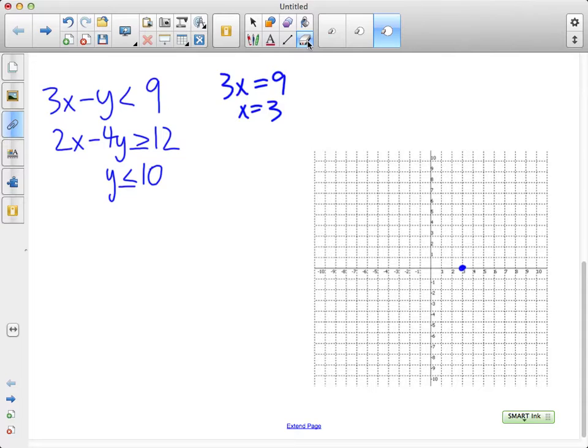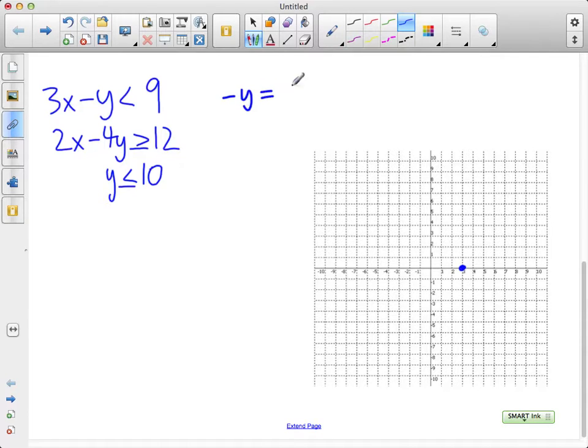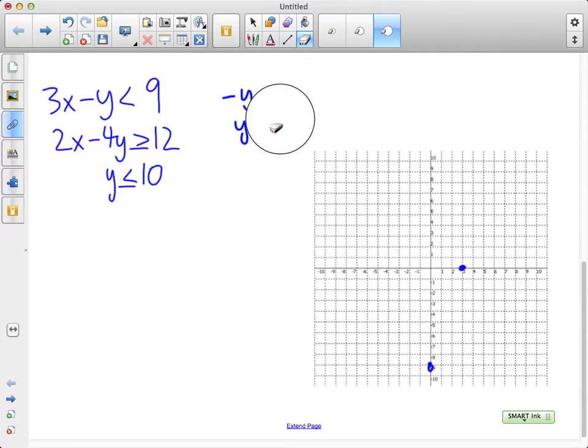And the y-intercept is where x equals 0. So I have negative y equals 9, which means y equals negative 9. There's my y-intercept, and I've got enough information to draw this line.